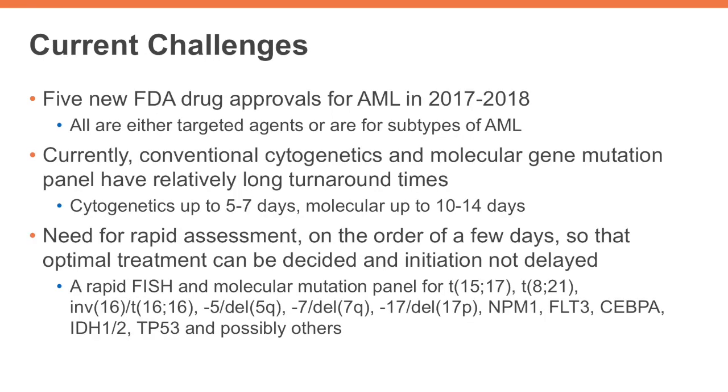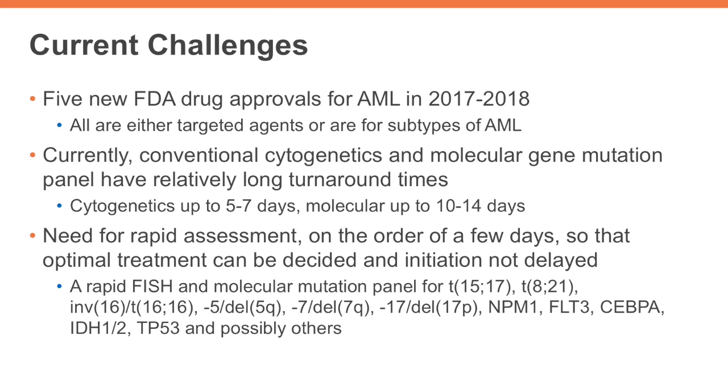Of course, there are new challenges facing us with the 5 new FDA drug approvals for AML in 2017 and 2018. All are either targeted agents or for subtypes of AML. And currently, conventional cytogenetics and molecular gene mutation panels have relatively long turnaround times, so cytogenetics sometimes taking upwards of 5 to 7 days, and molecular studies sometimes taking upwards of 10 to 14 days, depending on the institution or the laboratory to which the samples are sent.